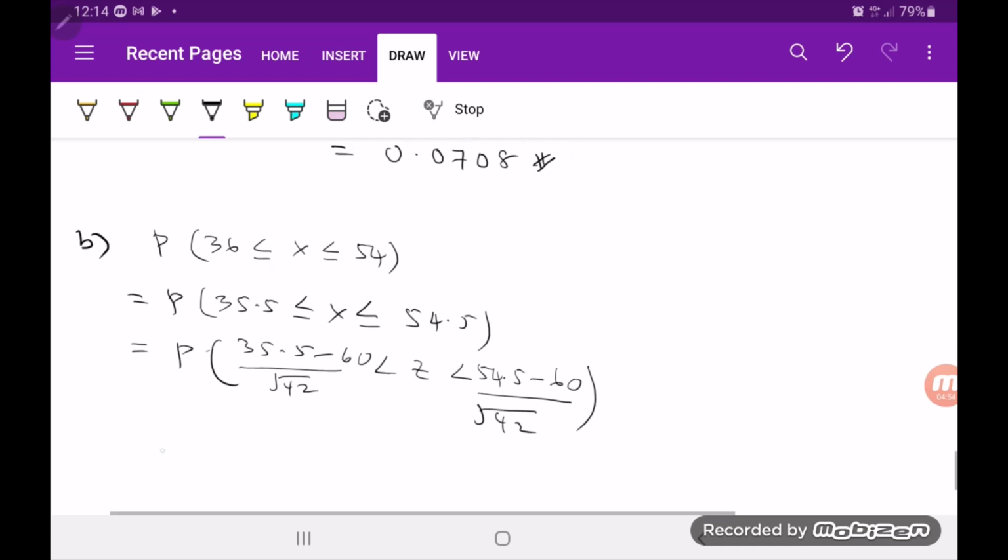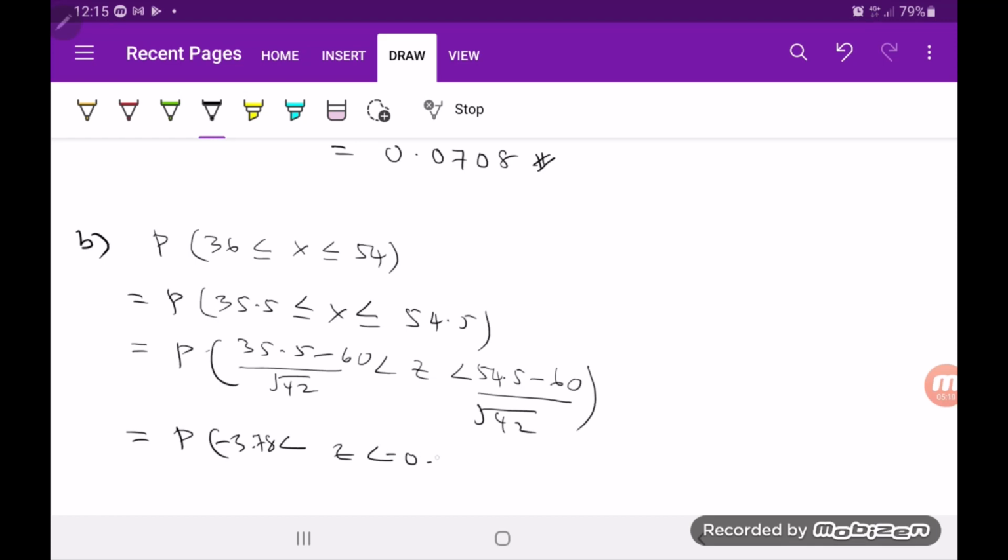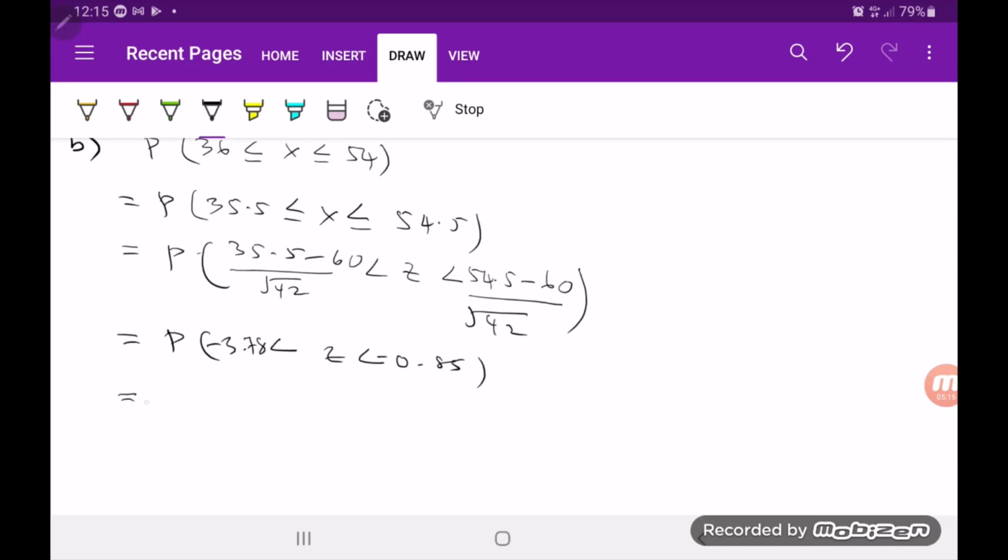Okay, and then you can find z greater than negative 3.78, less than negative 0.85. So you can separate this as P(z greater than 0.85) minus P(z greater than 3.78).